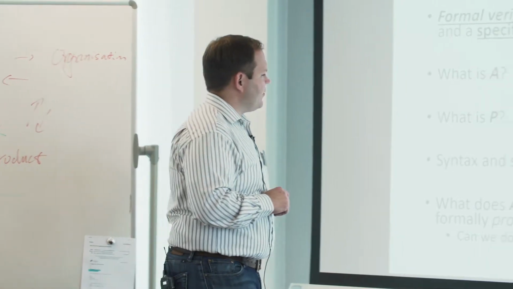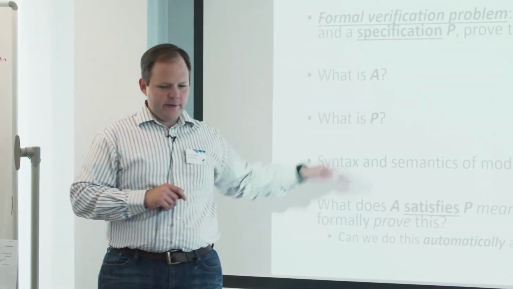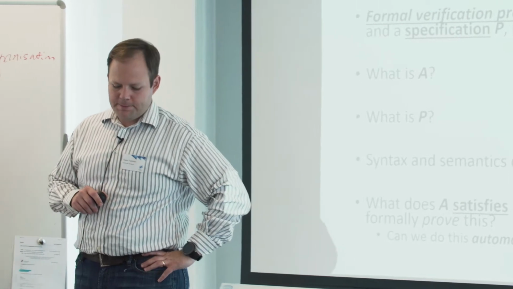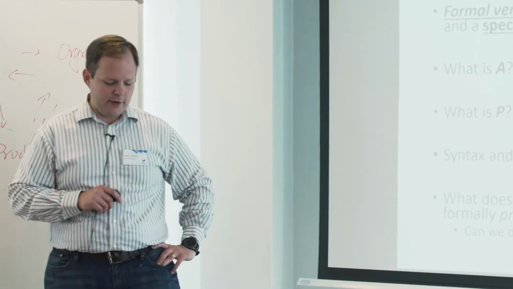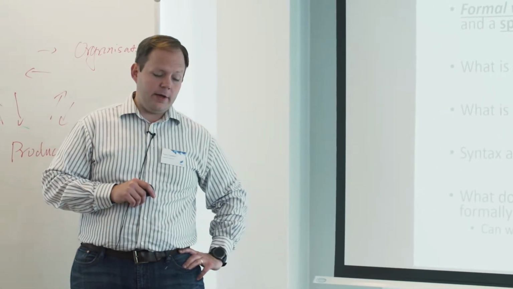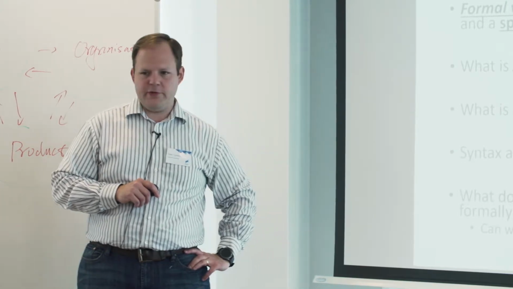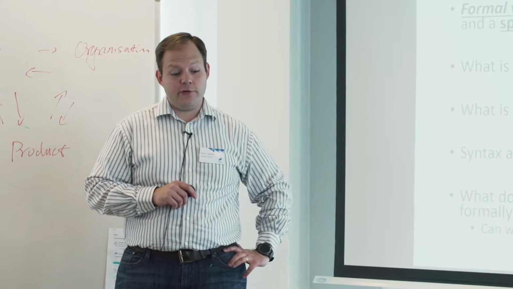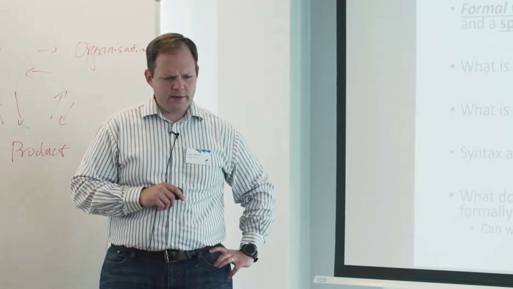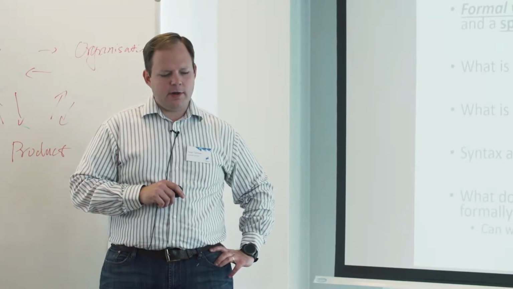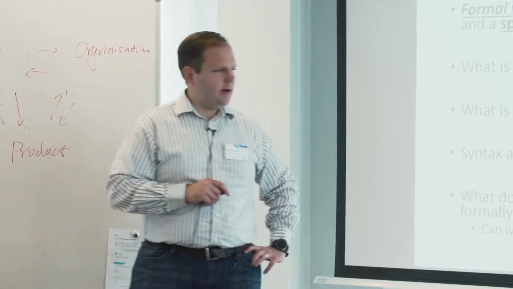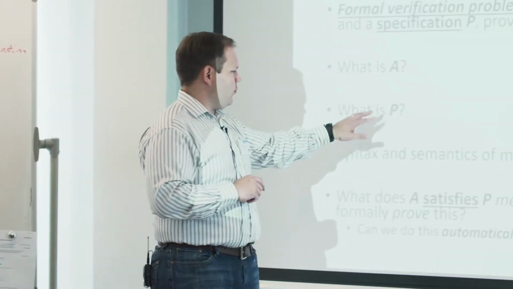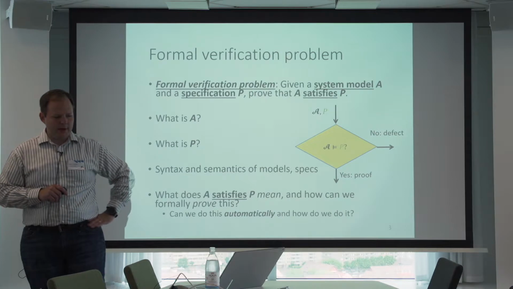So within this talk, A is now going to be a neural network in one case, so that's what I'll talk about first. And in another case, A will be a closed-loop system where a neural network is being used to control some plant. And then at the end, if I have any time, I'll talk about some more general specification languages for what our properties may be.